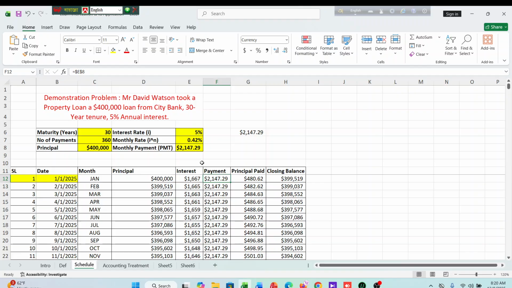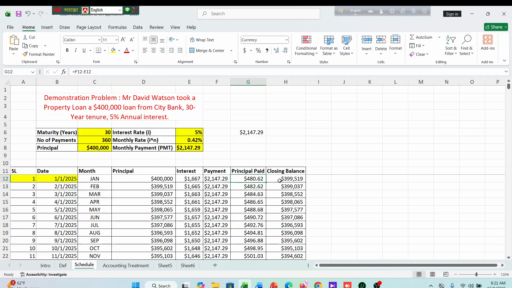Our monthly installment size was 2,147. As the interest is 1,667, if we deduct it from the payment, the principal amount stands at 480.62. And the closing figure stands at 399,519. From the payment amount we subtracted the interest amount and got the principal amount.